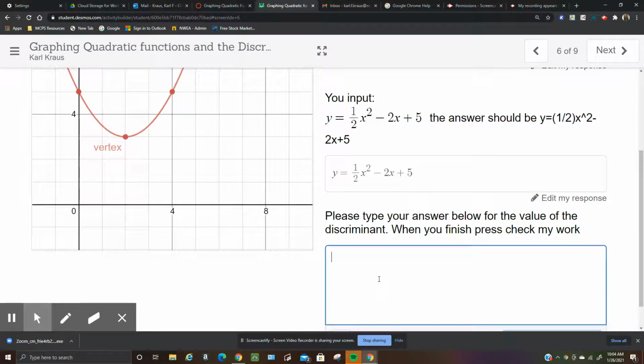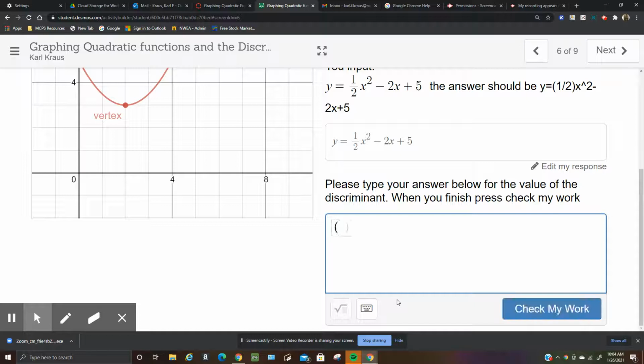And then the discriminant. -2 squared minus 4 times 1/2 times 5. 4, 1/2 of 4 is 2 times 5 is 10. 4 minus 10 is -6.